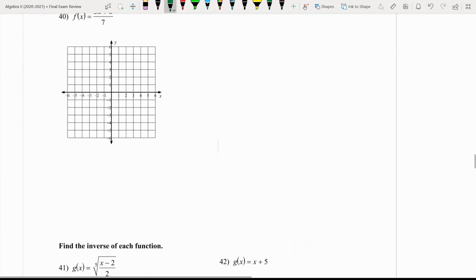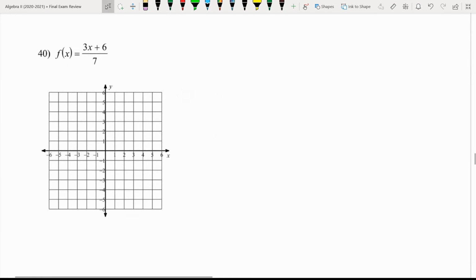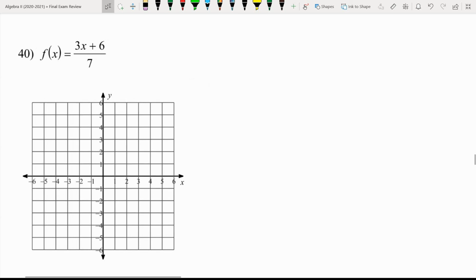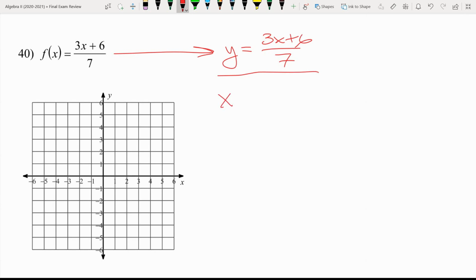All right, I'm going to do another one of these just to show you that these can be a little bit different. I'm not going to graph this one, but we'll do the inverse part of it. So this, again, rewrite it: y equals (3x plus 6) over 7. Swap your x and y. So I'm going to make this x equals (3y plus 6) over 7. If you have a fraction like this, you want to get rid of that 7 first.